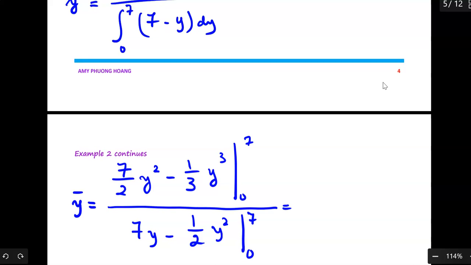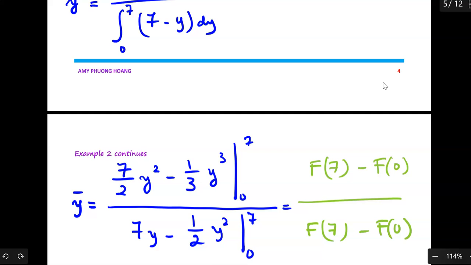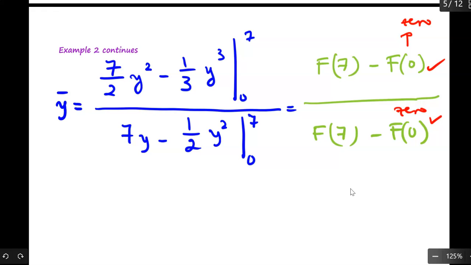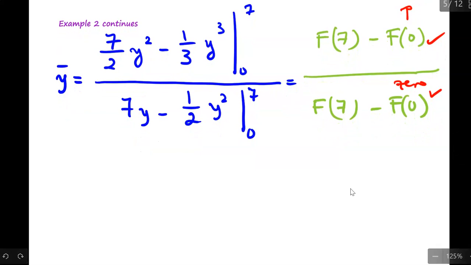So let's figure out our F. This will be F of 7 subtract F of 0. Again here, F of 7 subtract F of 0. What we want to check here is that each of these terms has y in it, so our F of 0 will be equal to 0. This will be equal to 0, and this is also 0. So I'm going to ignore this second part of the fundamental theorem.